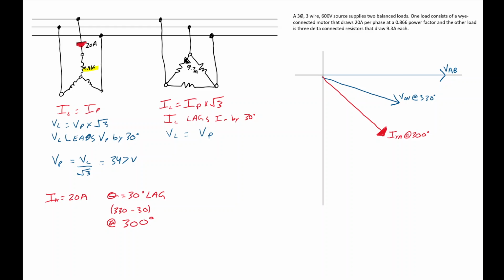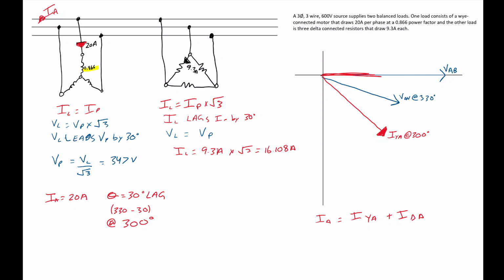So what I want to do for my calculation: if I'm trying to calculate my source current IA, I know that IA is going to equal I YA plus I delta A. I've got I YA, now I get I delta A. Well, I line is going to equal my I phase, so my 9.3 amps times square root of 3, which gives me 16.108 amps.